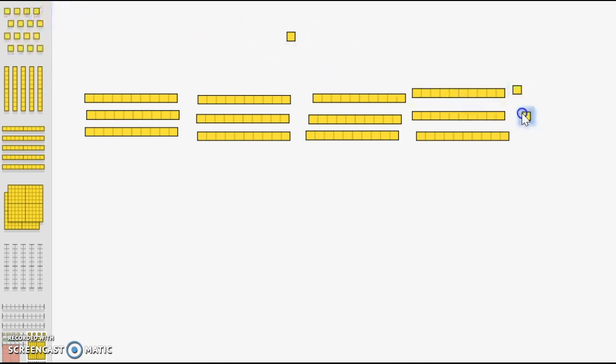1, 2, 3, 4, 5, 6, 7, 8, 9, 10, 11, 12, 13, 14, 15, and I'm going to move my screen over so we can see more.